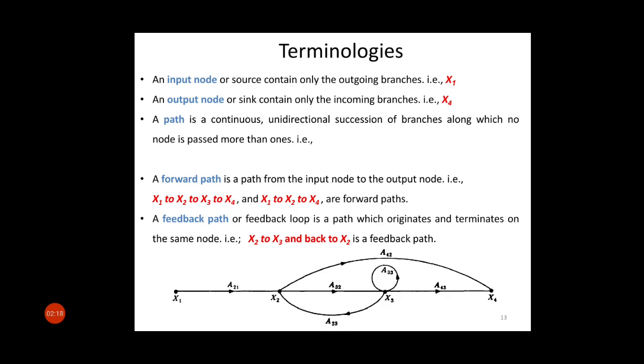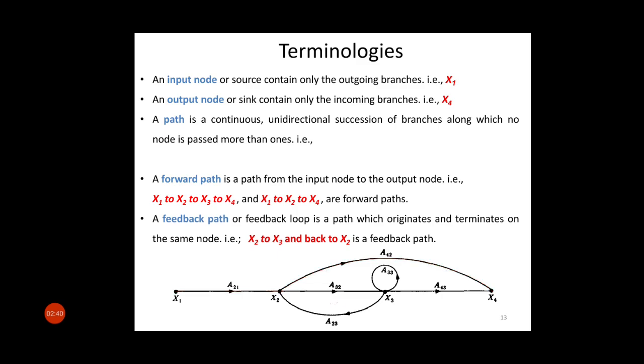So what is a forward path? A forward path is a path from the input node to the output node. One path is x1 to x2 to x3 to x4, and another path is x1 to x2 to x4. These two are forward paths.